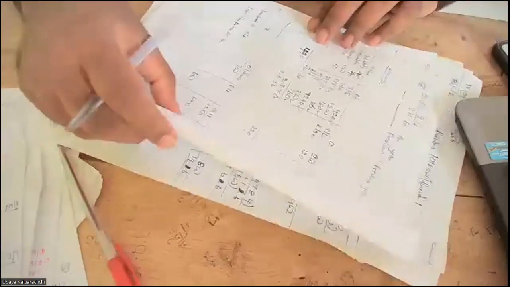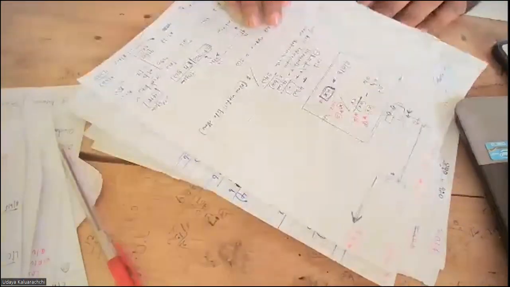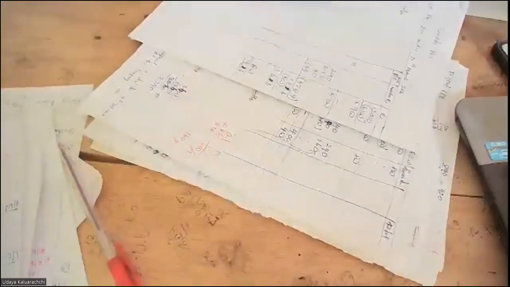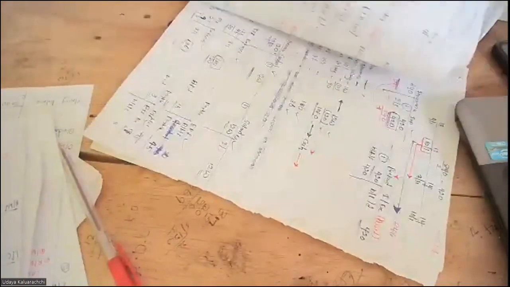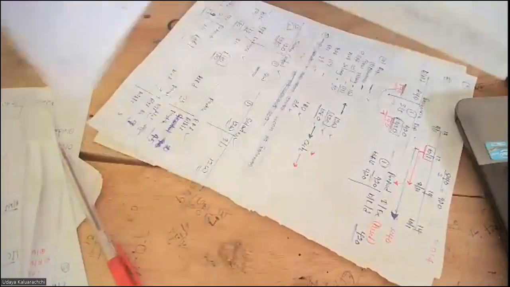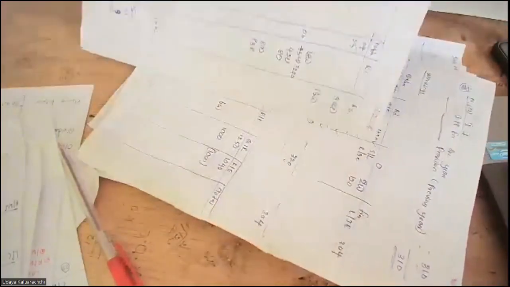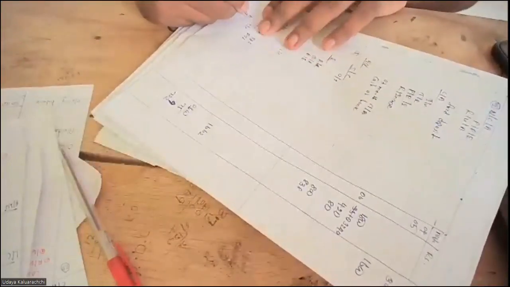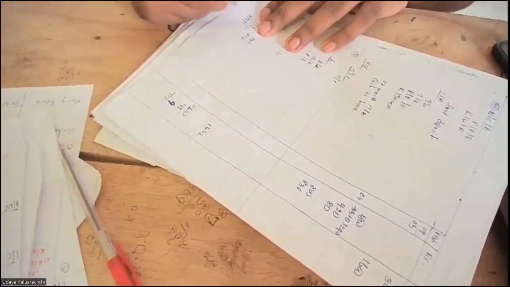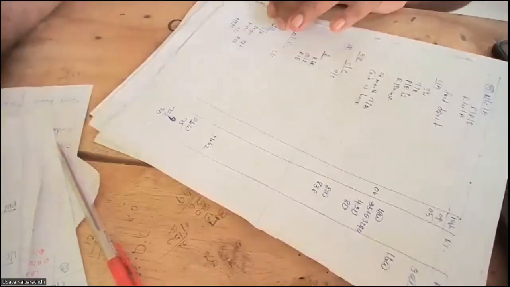Then accrued income tax, you have to record under current liabilities. Accrued income tax, it is 20.